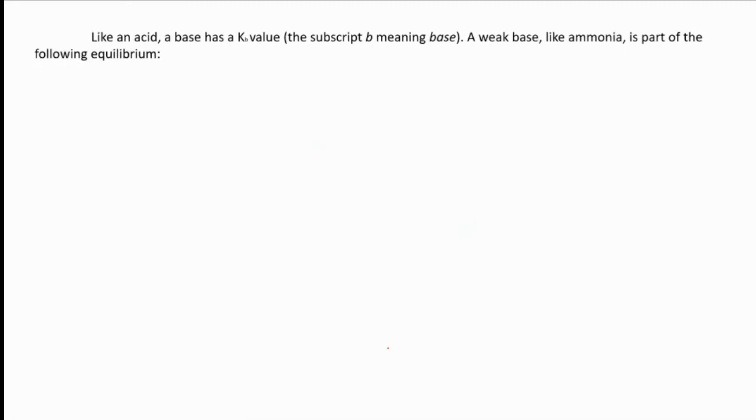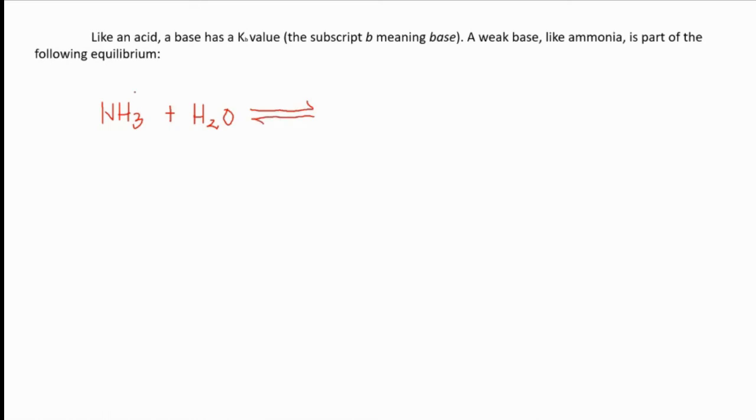Like an acid, a base has a Kb value, meaning the subscript denotes a base. So a weak base like ammonia is part of the following equilibrium. Can you predict the products?